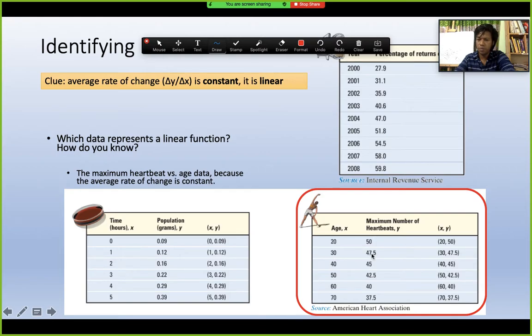If you see that relationship continues, without doing the calculation you will understand that this is going to be a linear function. So there are two ways to understand it.